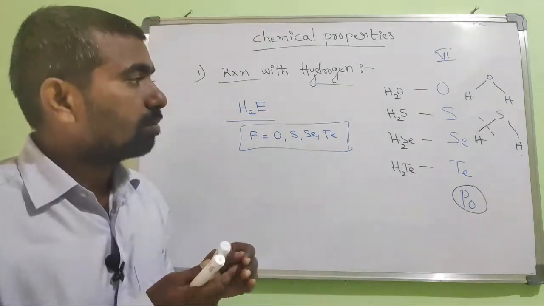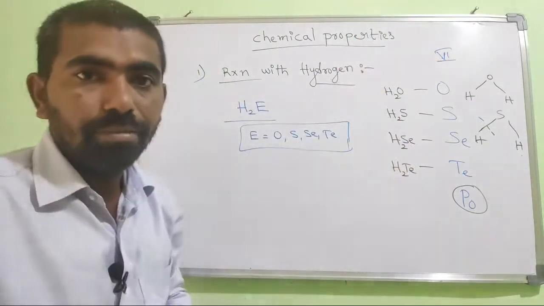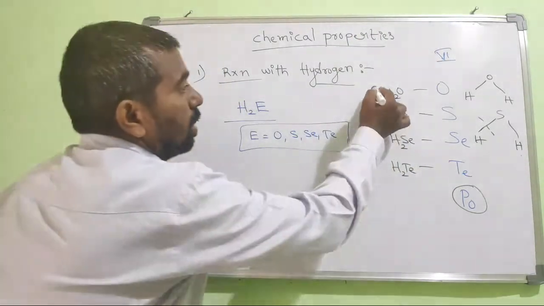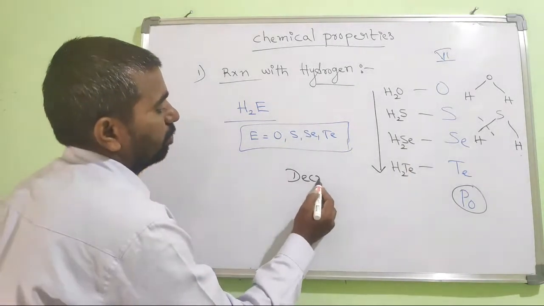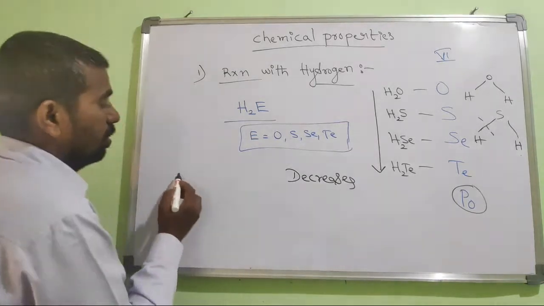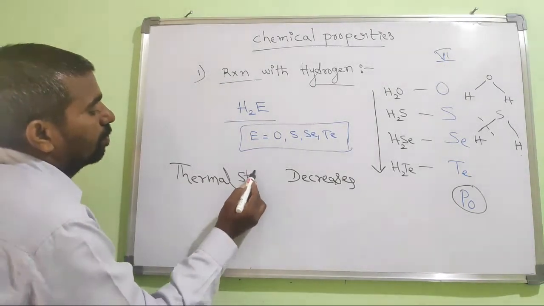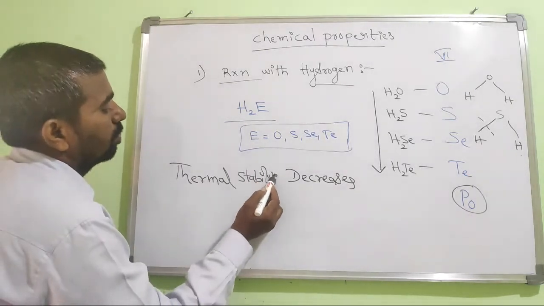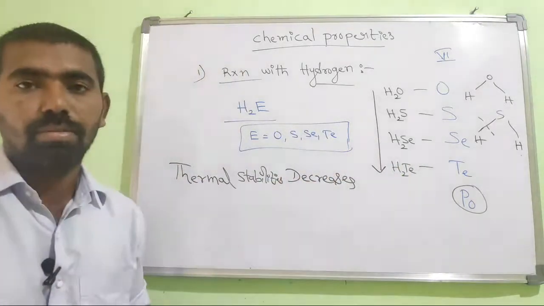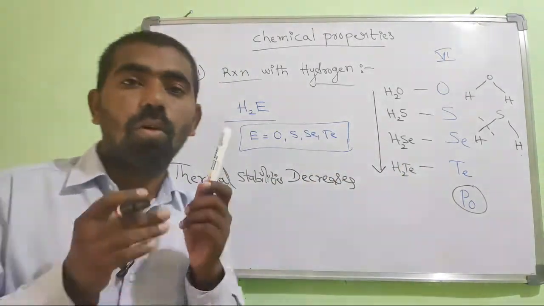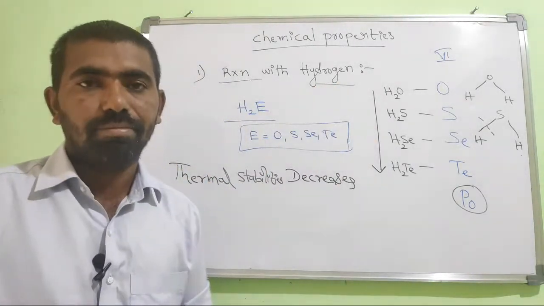So that's why from H2O to H2Te, the thermal stabilities decrease, because of the increase in bond lengths and the decrease in bond dissociation energies.